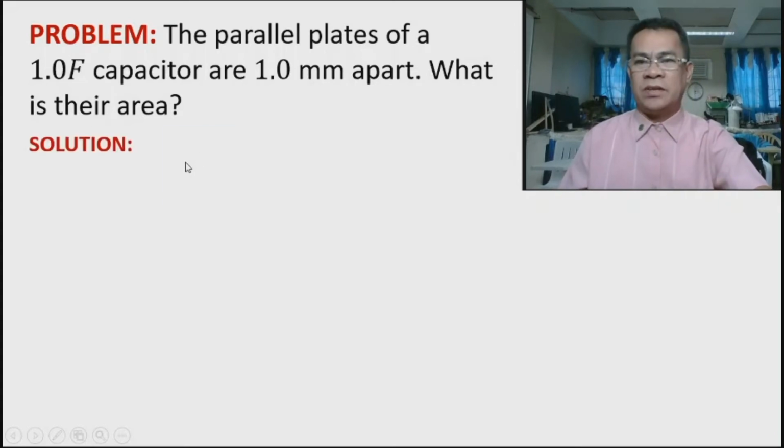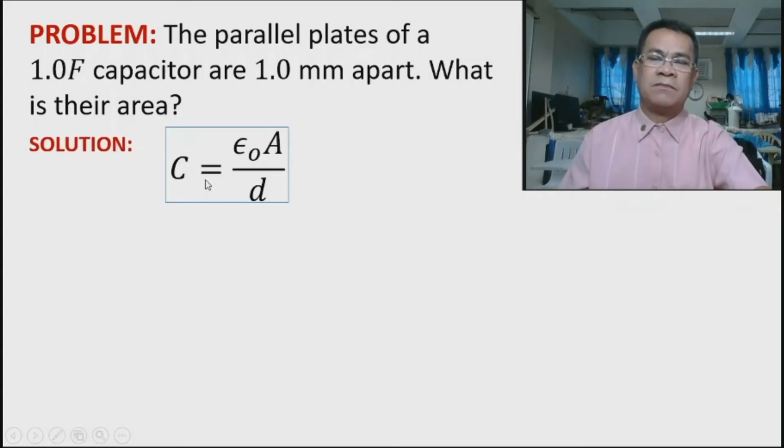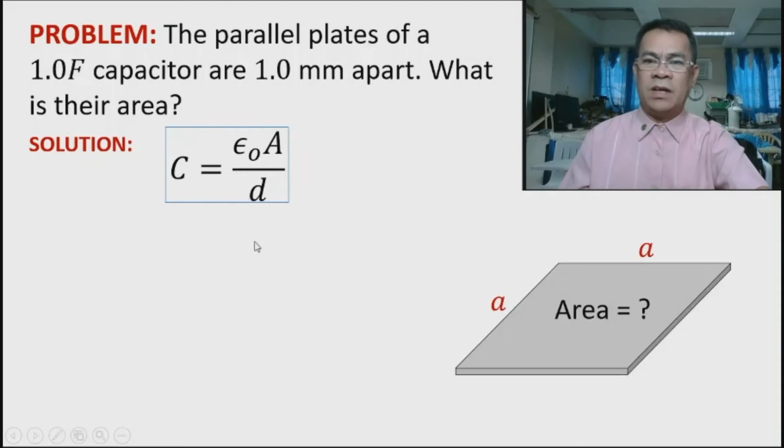For the solution, take note of this formula. We need the area and the distance between the plates in order to solve for the capacitance. The capacitance is 1 farad and we have this distance, so we can solve for A. Manipulating this formula, suppose our area is a square.